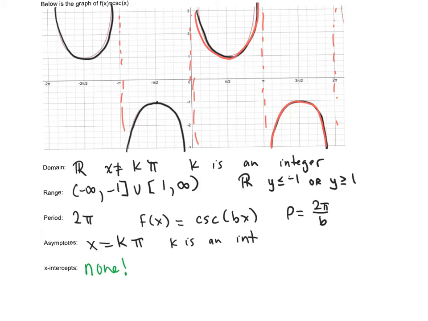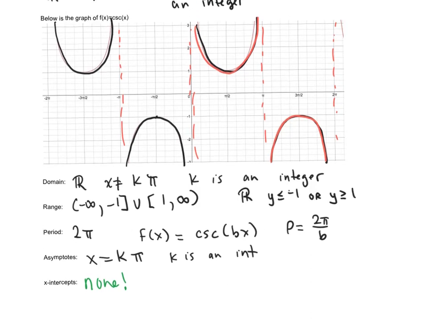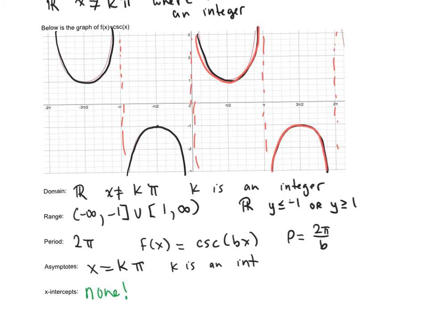Now, like I mentioned, this is really related to the graph of sine. So I always think about this as if I graph sine on the same axis. Sine will start at 0, go up to 1 at pi over 2, back to 0 at pi, down to -1 at 3 pi over 2, and back to 0 at 2 pi. So if you look at the graph of f of x equals sine x, you can see that cosecant is really just the outsides of the sine function.